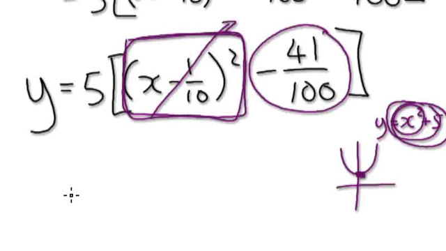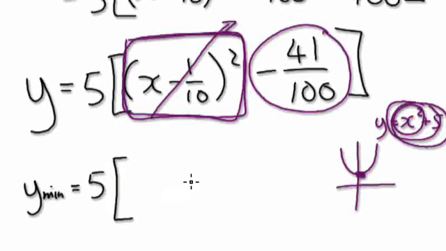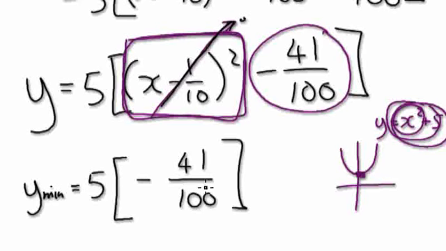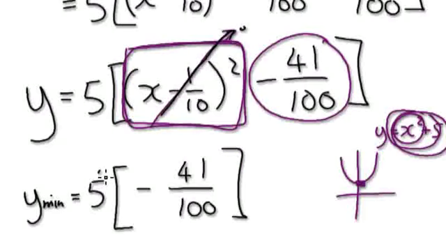So concentrate on getting this to be 0. So the smallest will be, let's give it a name, y min. Minimum. Just make up anything. So here it would be 5, and then times this thing here, which would be 0. So the smallest thing would be minus 41 over 100. And now the y min would be this times this thing here.